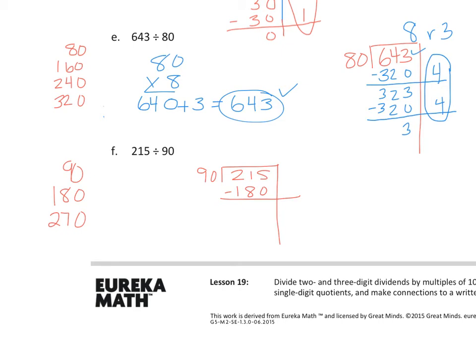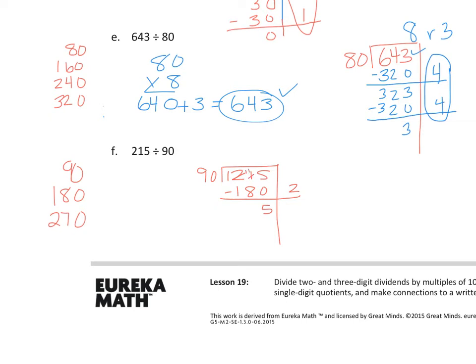Subtract. 90 times what gave me 180? 90 times 2, because it's the second multiple of 90. That's 2. And I'm going to go ahead and subtract. I got 5 minus 0 is 5. 1 minus 8 I can't do. Need to borrow from the hundreds, make that 2 into a 1, and change that 1 in the tens column to become 11.